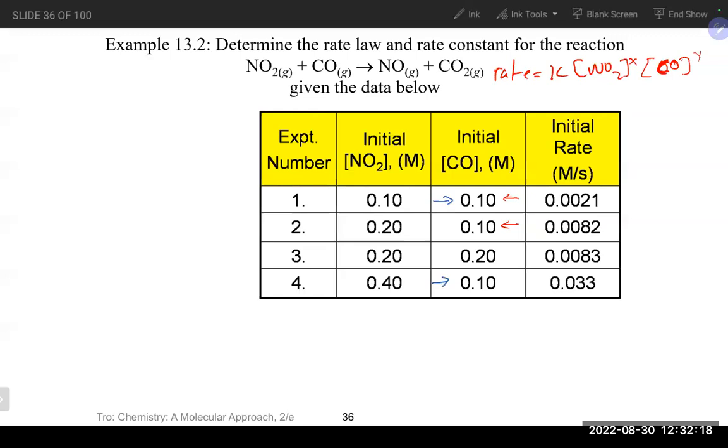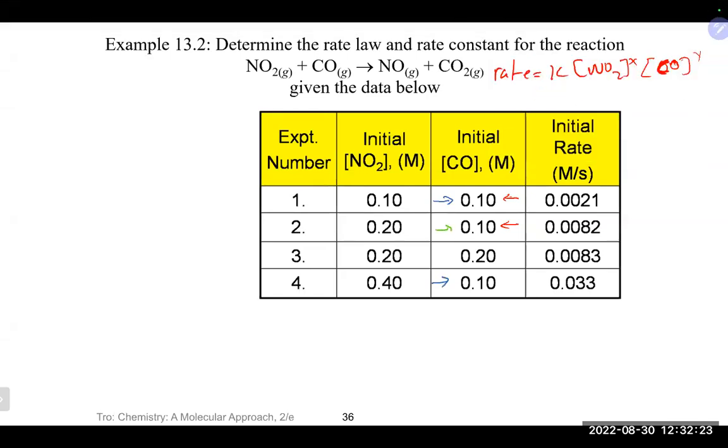We also could keep it constant by doing, say, this one and this one, right? So you have several different options as to which ones you could choose from the table. Again, in a real situation here, it really shouldn't matter which one you choose.